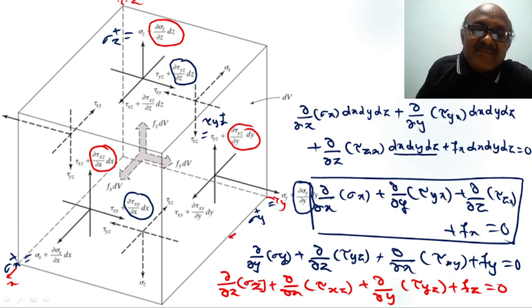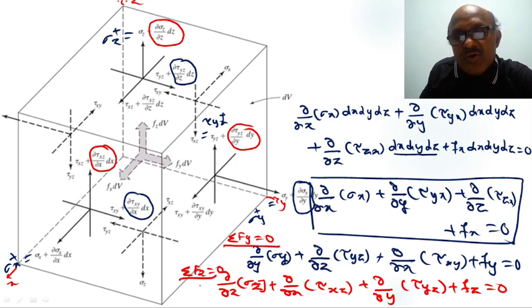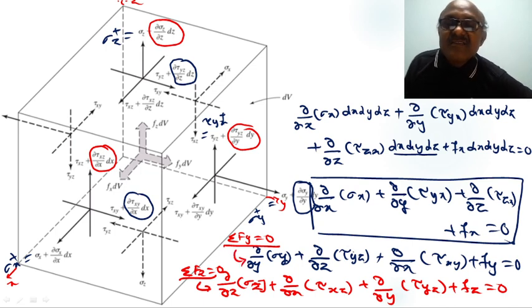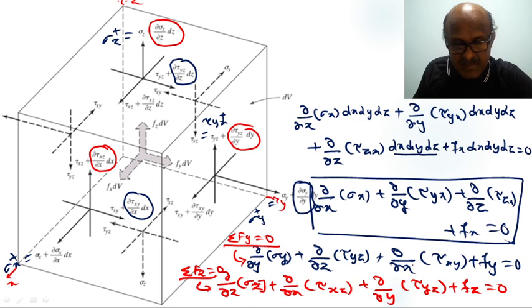So sigma fy equal to 0 gives this equation, and sigma fz equal to 0 gives this equation, my dear students. These three equations are the equilibrium equations.